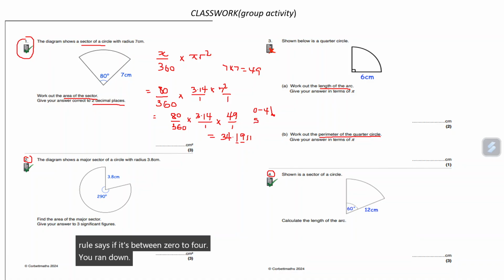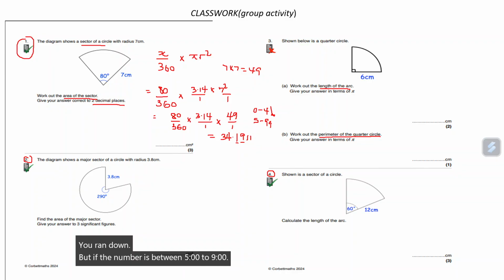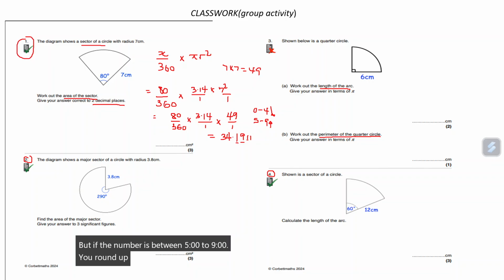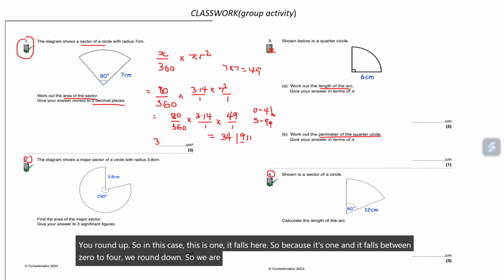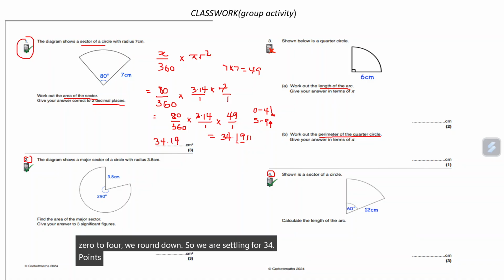But if the number is between 5 to 9, you round up. So in this case, this is 1, it falls here. So because it's 1 and it falls between 0 to 4, we round down. So we are settling for 34.19 centimeters squared.